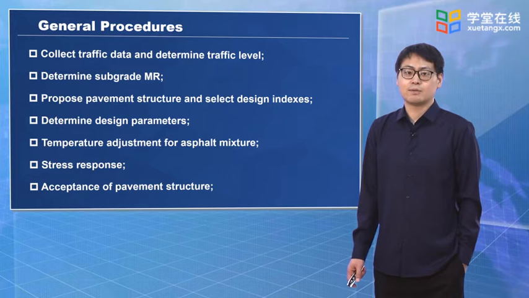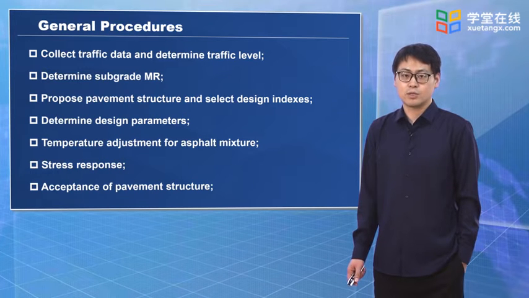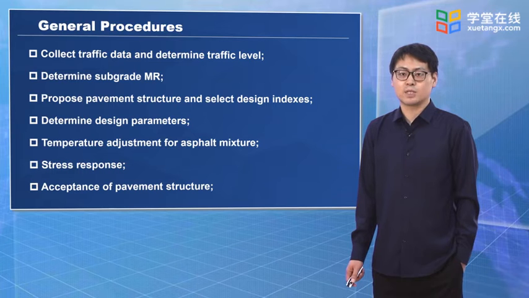In addition, we have to determine the temperature adjustment coefficient or equivalent temperature based on the local temperature. Due to the temperature differences between asphalt mixture in the field and asphalt mixture under standard laboratory testing conditions, we have to determine the temperature adjustment coefficient or equivalent temperature.